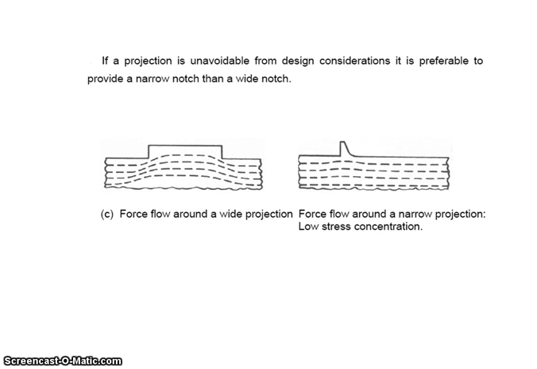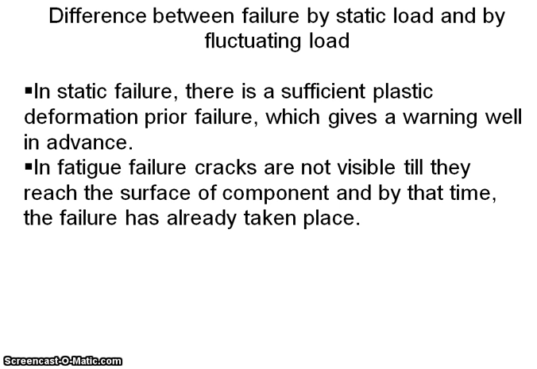Now we'll go to the next point, that is the difference between failure by static load and failure by fluctuating load. In case of the static load, before the failure there is a sufficient plastic flow or deformation prior to the failure, which gives us a warning well in advance.